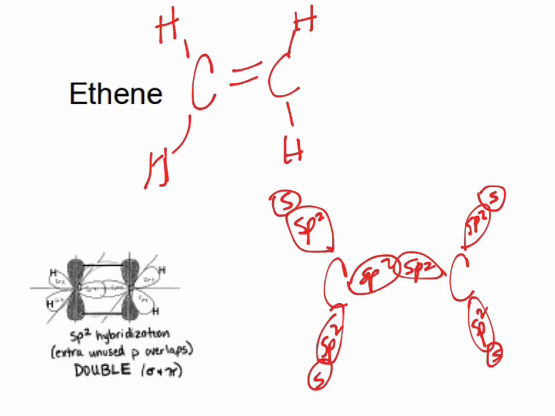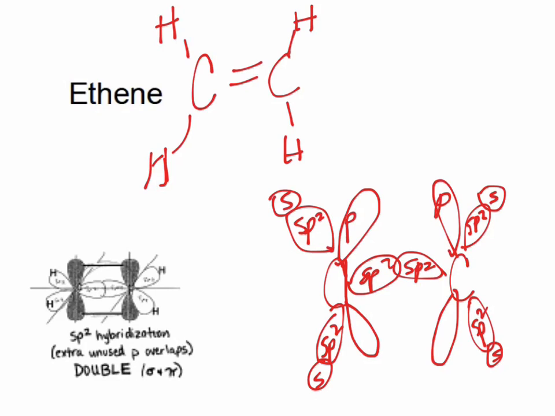And then you have the p orbitals that aren't being used. So we have a p orbital here and a p orbital here. Because we only have 3 areas of bonding, this is the last p orbital.